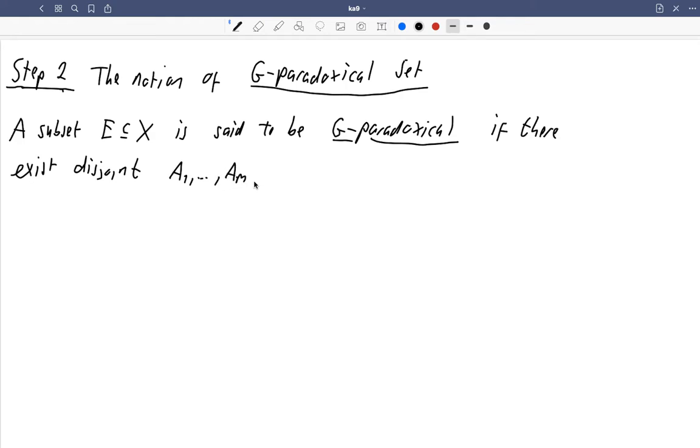This time we're going to be explicit that we've got m disjoint A sets, just like in the Banach-Tarski theorem, and n disjoint B sets, but they don't need to be the whole of E; together they just need to be subsets of E. And once again, we ask for associated elements of the group, which we're going to shift these sets using.